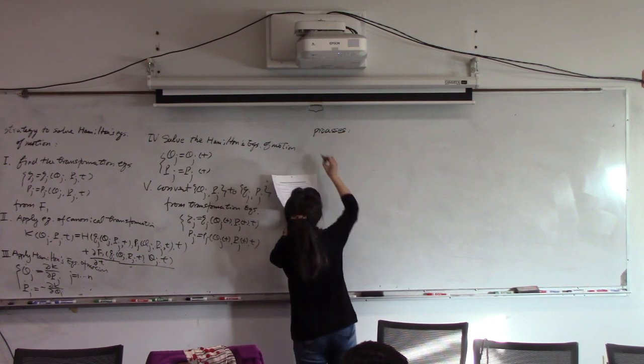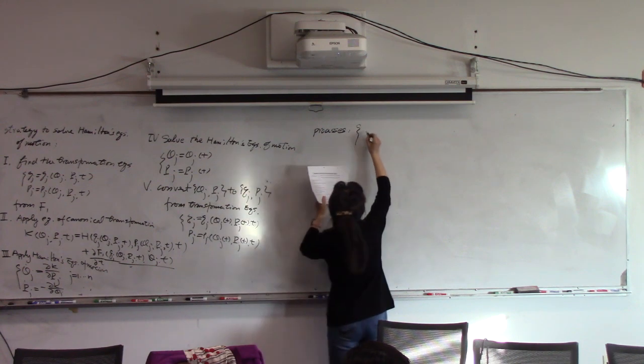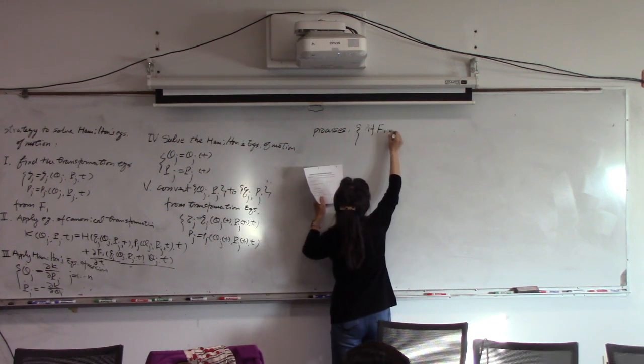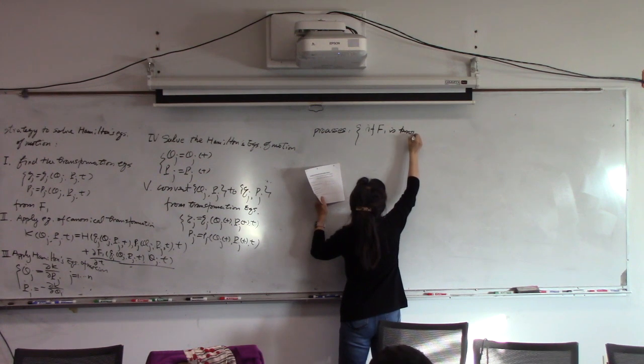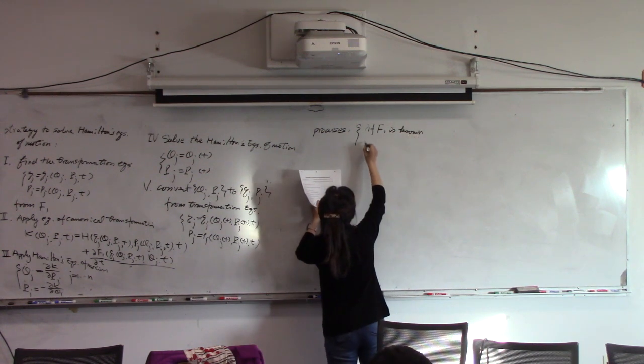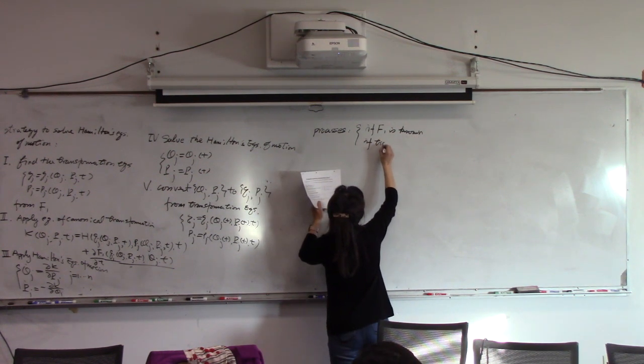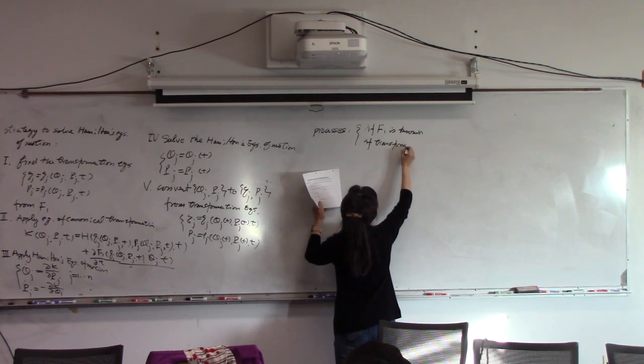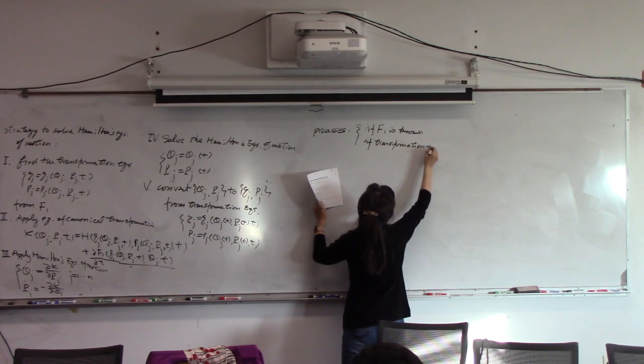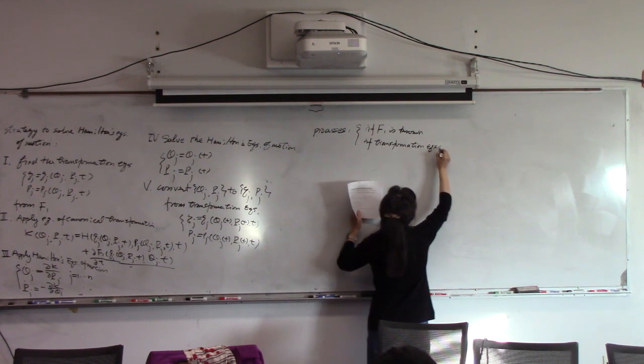To do that, there are two ways. If F1 is known, this is the one way, or if the transformation equations are known.